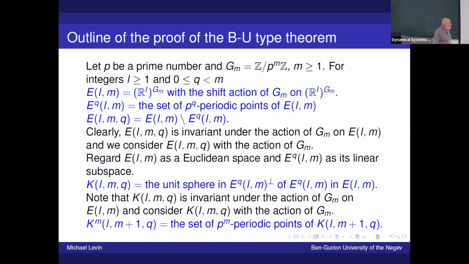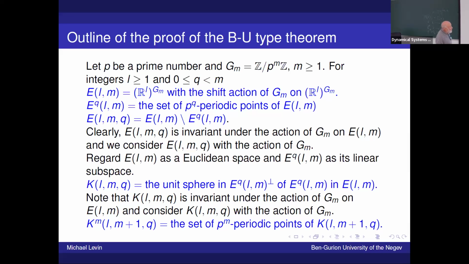Okay, and the complement is also invariant under the action of G_n, and the complement we denote by E_L^n prime. Okay, so actually we remove p^q periodic points for this.